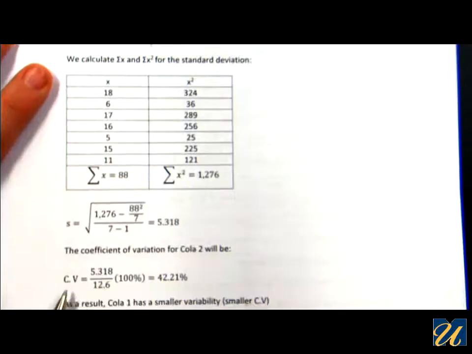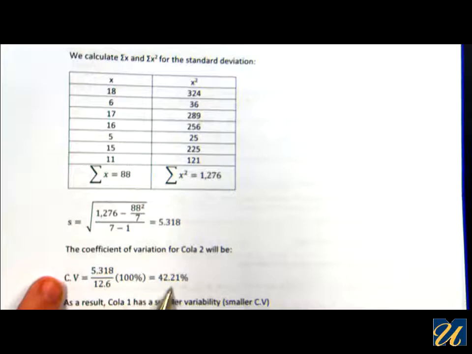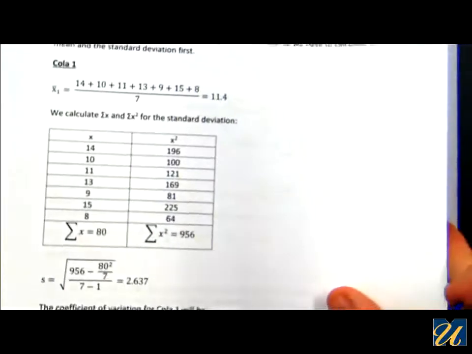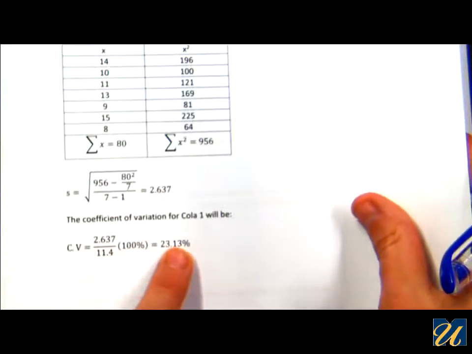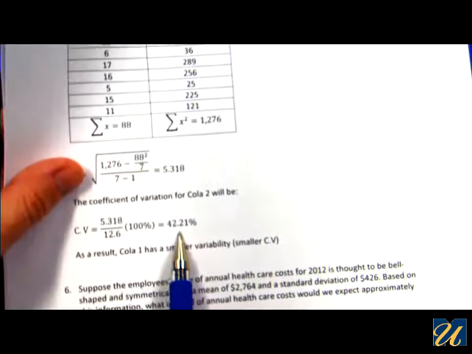If we calculate the coefficient of variation for the second set of colas, this would be 42.21%. If we were to compare the two coefficients of variation, we would say that the first group had a smaller variability, a smaller coefficient of variation. Not by much, but enough to determine that it's more consistent. So the first one was 23.13, the second one was 42.21.